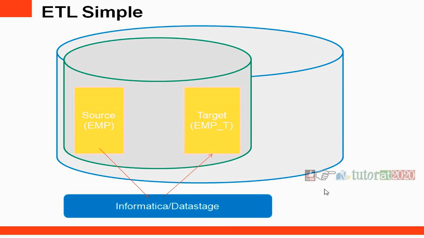Now if you are developing a logic, I don't mind how you develop it, but we are worried about how the logic will be executed. First I am going to show an ETL style of mapping development, meaning you are developing logic in Informatica or DataStage or BODS or Ab Initio or anything. Once you develop the code and execute it, how will the code be executed?